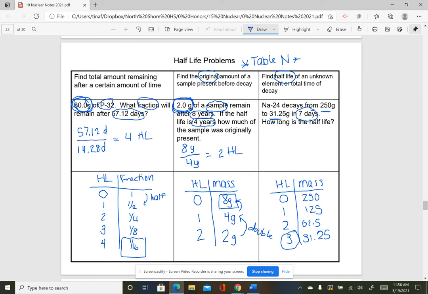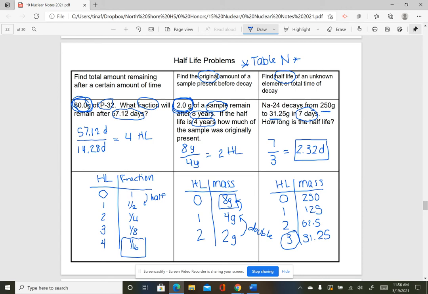So can I figure out what 1 half-life took if I know that 3 takes 7 days? Absolutely. I'm working backwards here. It took me making my chart to figure out what I had to divide. So if I do 7 divided by 3, I know that 1 half-life took that many days. Okay. And I feel like that's a popular kind of question lately.